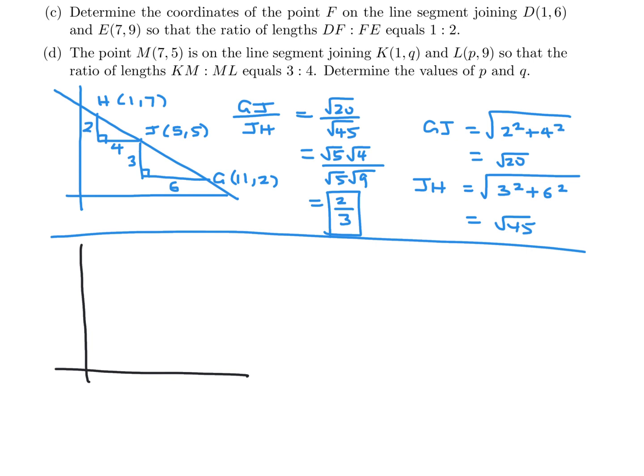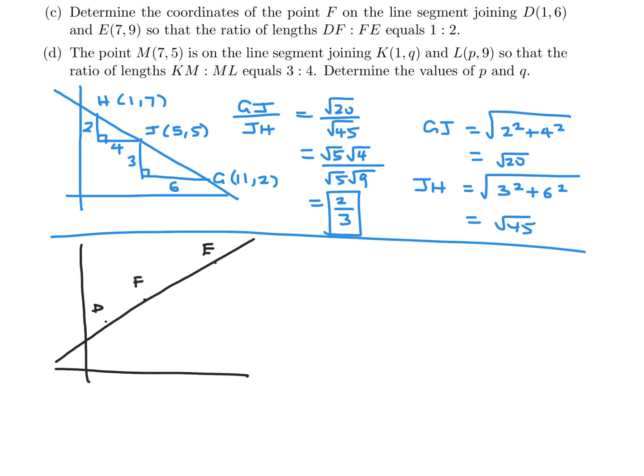Let me at least attempt to make it somewhat to scale. And then the other one, E is (7, 9). Okay, so this is D and this is E. So let's draw that line. And then somewhere in between there's an F, right? So F is approximately there, I think.